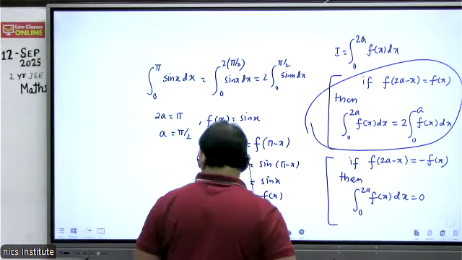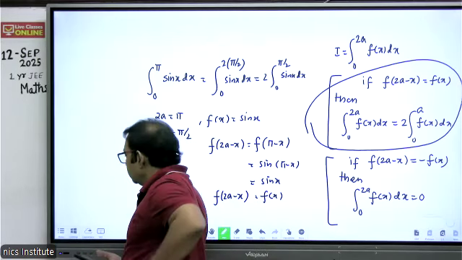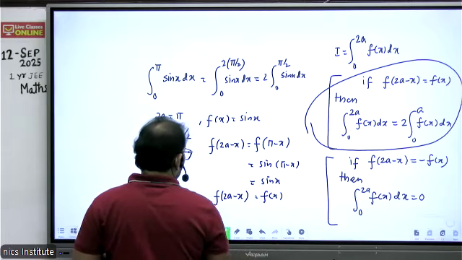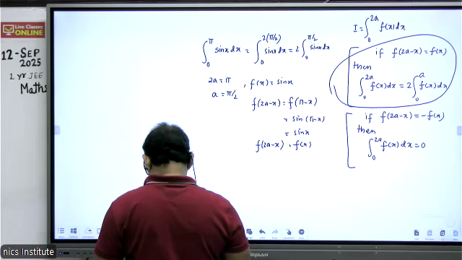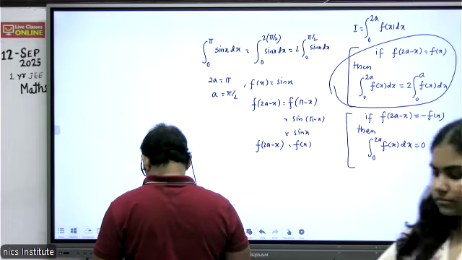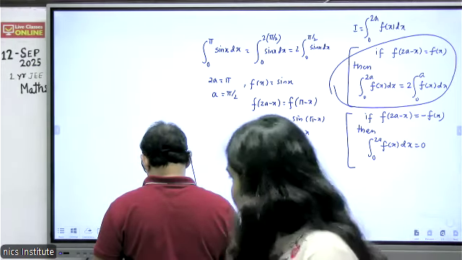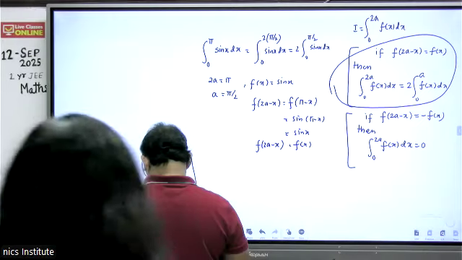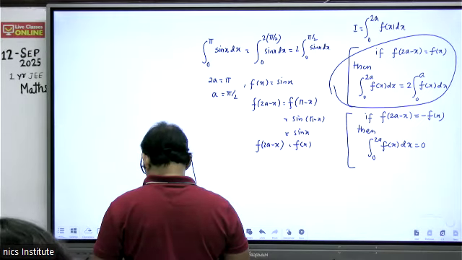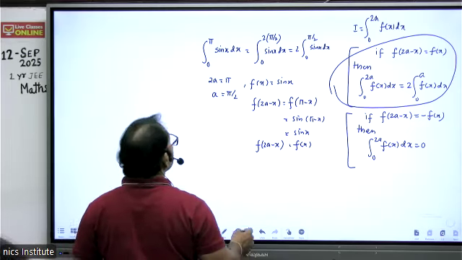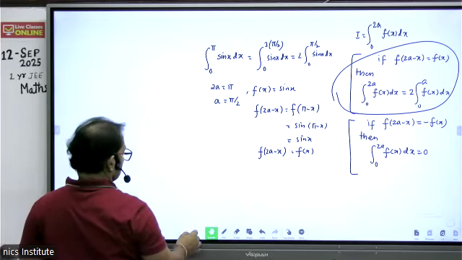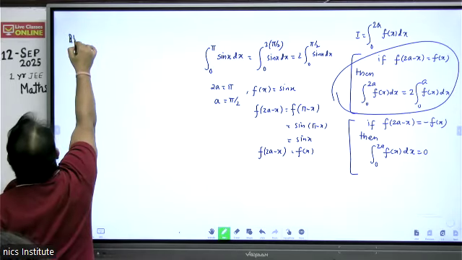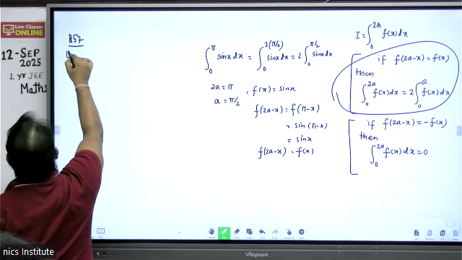Now let's answer this question, which is based on this property. This is question 57. Question 57 is an ultra important question.